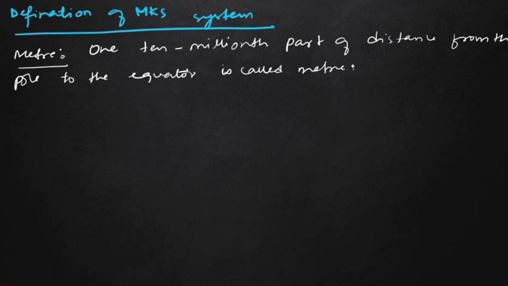On October 14, 1960, the General Conference of Weights and Measures changed the standard meter length to an atomic constant, which does not change with time.